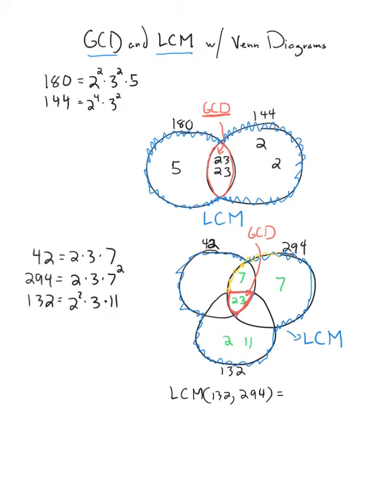So it's going to be the union of those two circles. And it turns out that it's going to be the exact same as the least common multiple with 42, because there's nothing in that bit of the circle which doesn't contain 294 and 132.